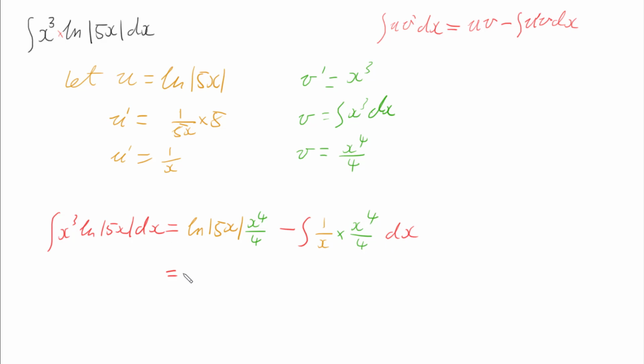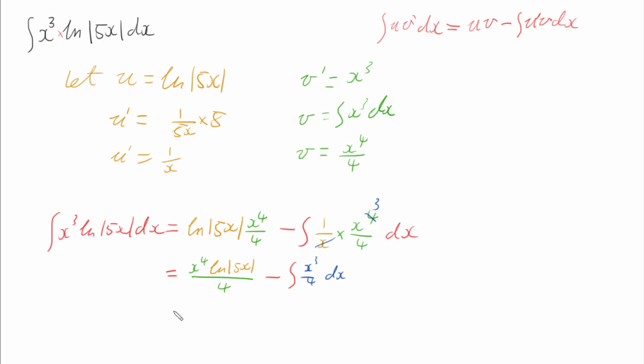So if we look at tidying this up, let's just move this x to the 4 out front of the ln of 5x all over 4. And we're going to minus off the integral, and the 1 on x is going to cancel out with one of these x's on top here. So we're going to have x cubed on 4 dx.